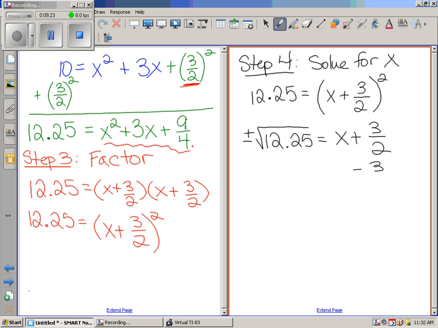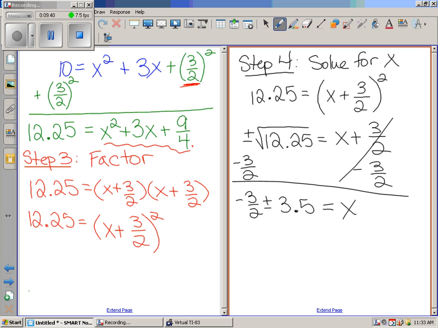Okay, so now we're gonna solve this, right? Now all we're gonna do is subtract 3 over 2 from this side, subtract 3 over 2 from this side, cross this out. So now we get negative 3 over 2 plus or minus. What's the square root of 12.25? 3.5 equals x. By the way, if you're confused, all I did was I got that 3.5 from the square root of 12.25.